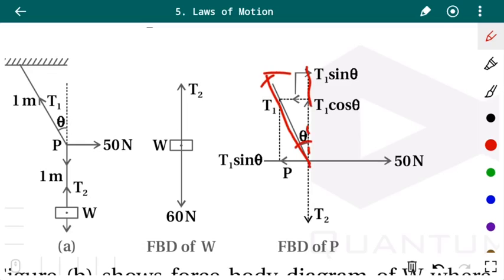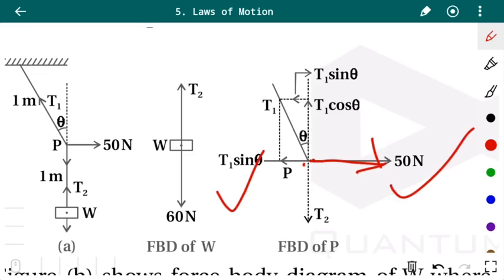So when you take the projection of T1 on this axis, that will give you the horizontal component, that is T1 sin theta, and when you take the projection of the vector on the other axis, that will give you the vertical component, that is T1 cos theta, as well as the force applied on this P in this direction, which is 50 Newton. So we have 50 Newton and T1 sin theta in the horizontal direction, T2 and T1 cos theta in the vertical direction.